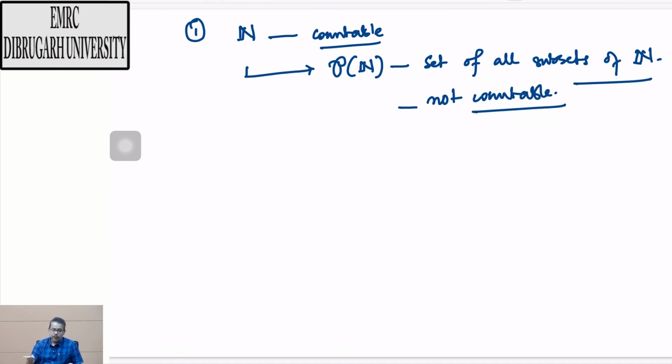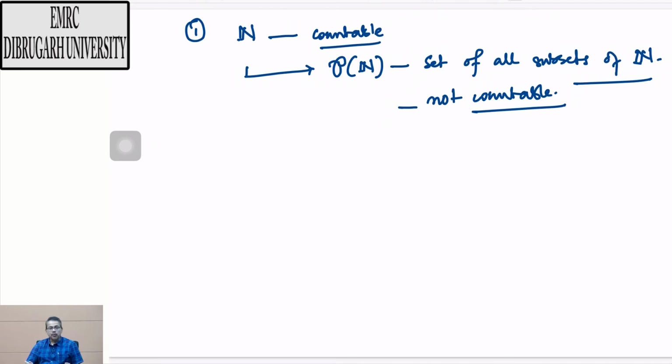Why? Because we cannot find a surjection from N onto P(N), and therefore, by that result, we can say that it is not countable.